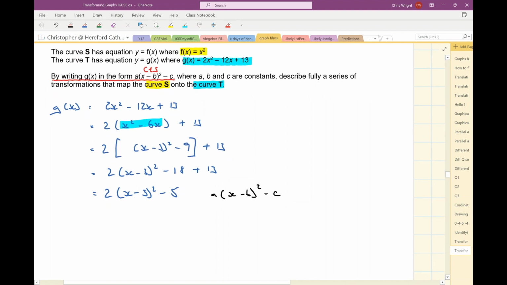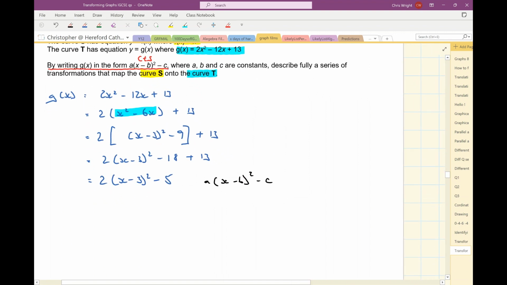So how is this going to help me describe the transformation from y equals x squared to y equals twice x minus 3 squared minus 5?